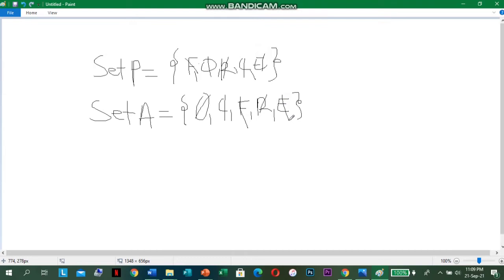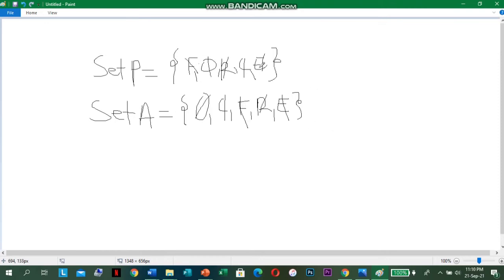They are just arranged differently. The letters are the same, they just rearrange differently. These letters spell the word force.